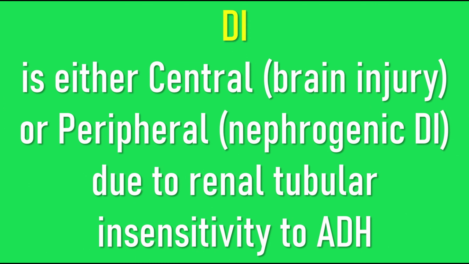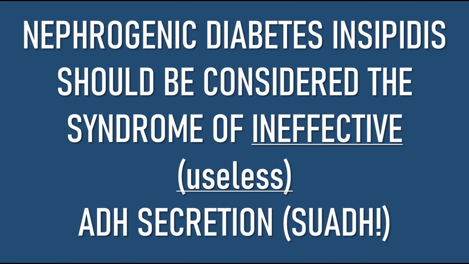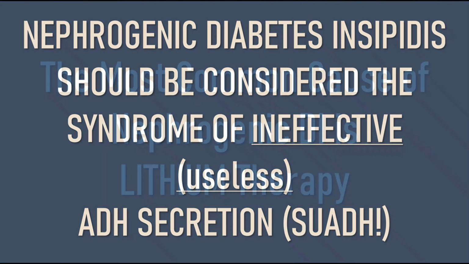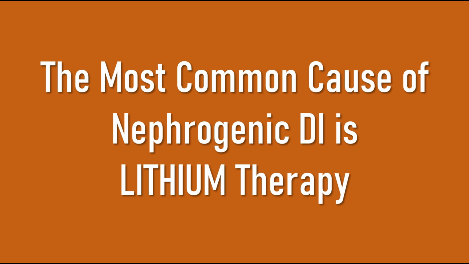Diabetes insipidus is either central due to a brain injury or peripheral, where it's known as nephrogenic diabetes insipidus due to renal tubular insensitivity to antidiuretic hormone. In many ways, nephrogenic DI should be considered a syndrome of ineffective or useless antidiuretic hormone secretion, SUADH. The most common cause of nephrogenic diabetes insipidus is lithium therapy.